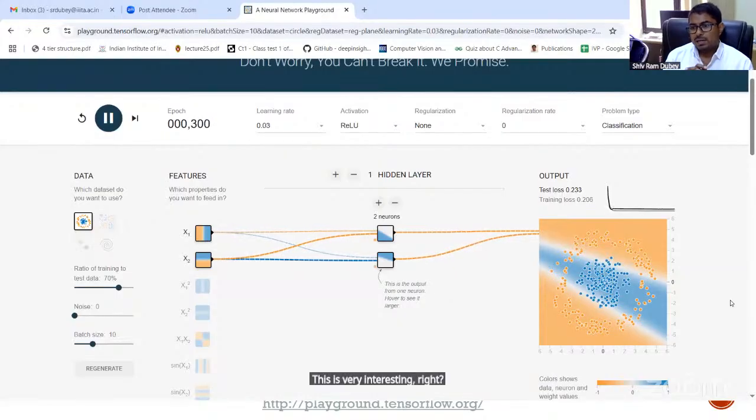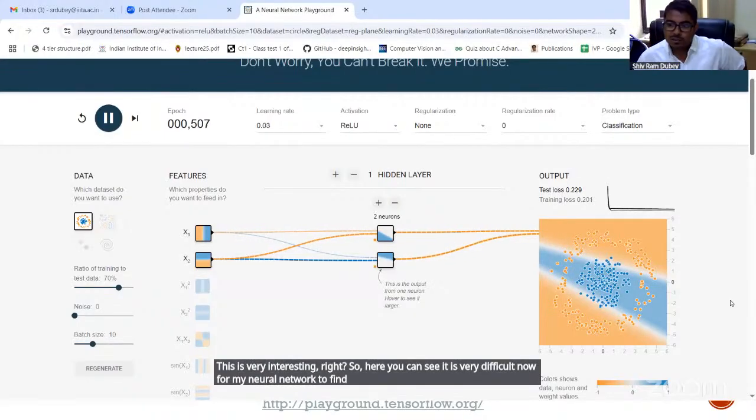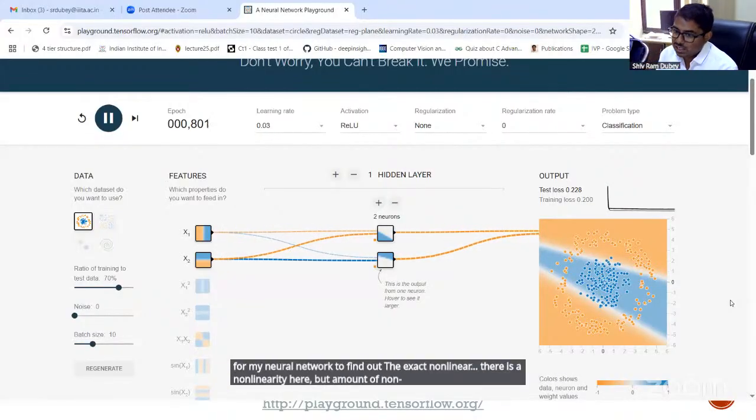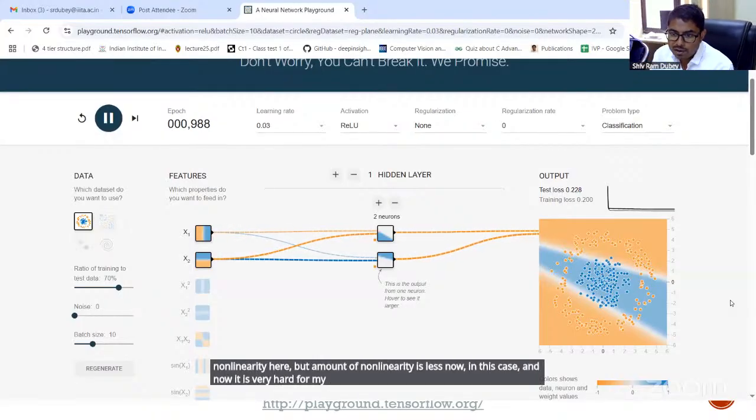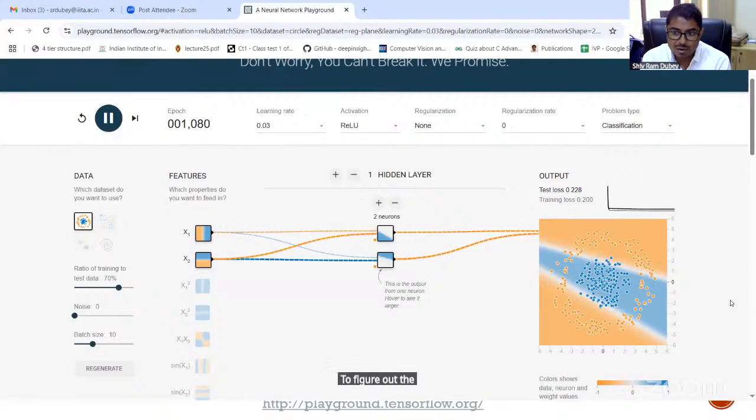Here you can see it is very difficult now for my neural network to find the exact nonlinear boundary. There is a nonlinearity here, but the amount of nonlinearity is less in this case, and it is very hard for my neural network to figure out the exact nonlinear decision boundary. Why is it happening?